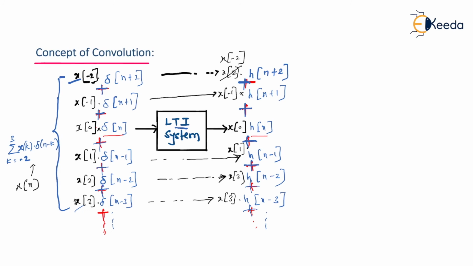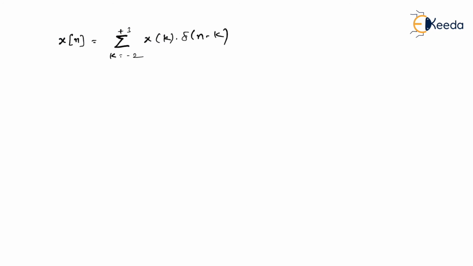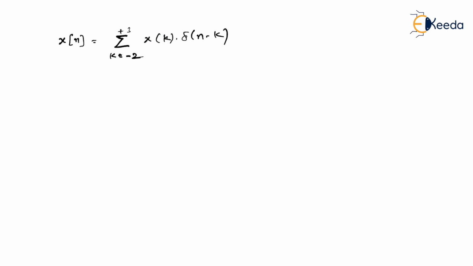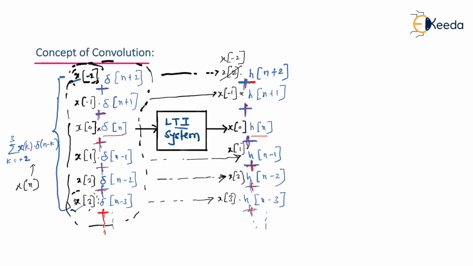If you can see here, I have expressed all of them in a single summation like this. And as you can see, the sample position is moved from minus 2 to plus 3. The reason is, in our example, it goes from x of minus 2, and the last sample we have taken is x of 3. Is that right? So this I can consider my x of n. Similarly, I can represent my y of n also as a summation of impulse responses like this.